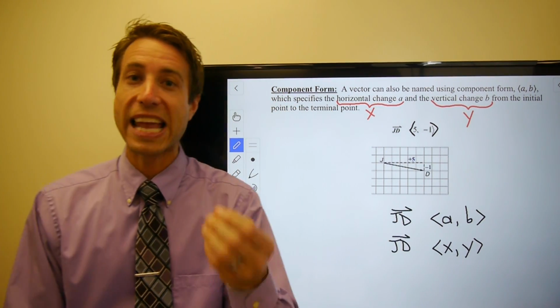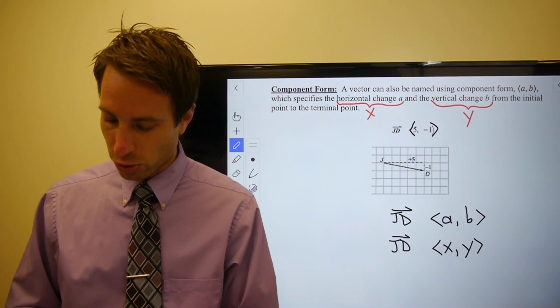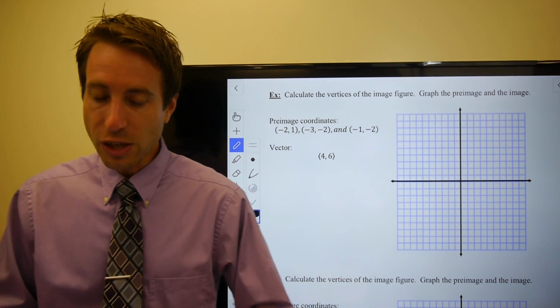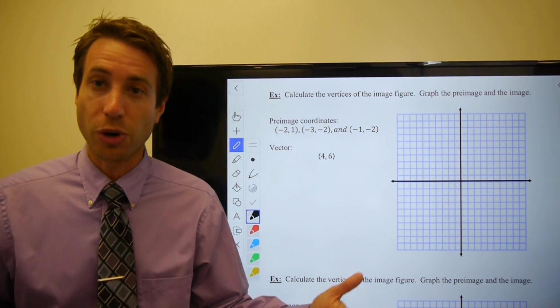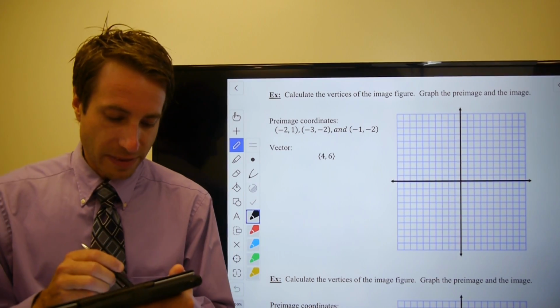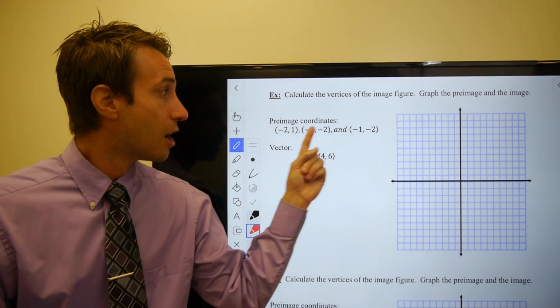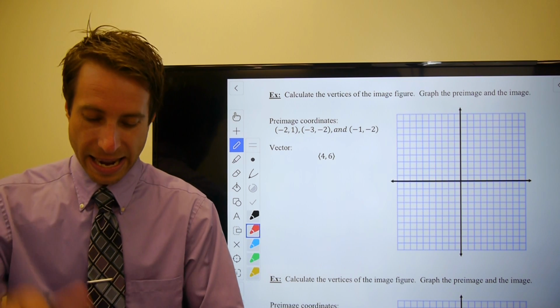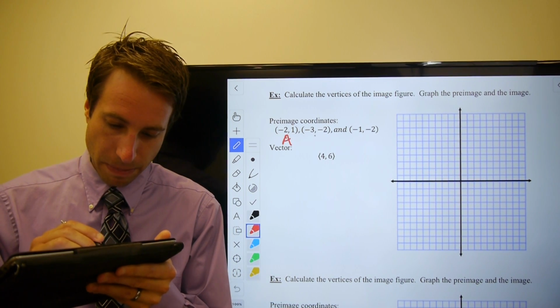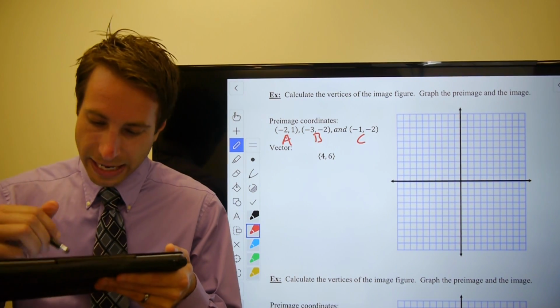All right, so let's jump right into this and see what these look like with an example problem. They're really not too tricky. So if you feel comfortable, please work ahead. Come on back and check your answers with mine once you get done. Here's what I've done. I have given you the coordinates for a pre-image. Let's go ahead and plot those. I'll make this one A, B, C. A is at -2, 1.